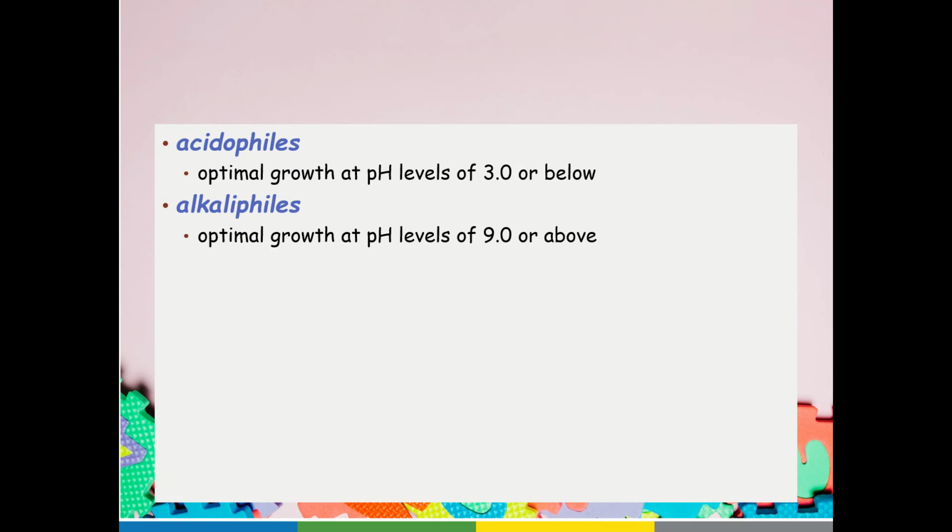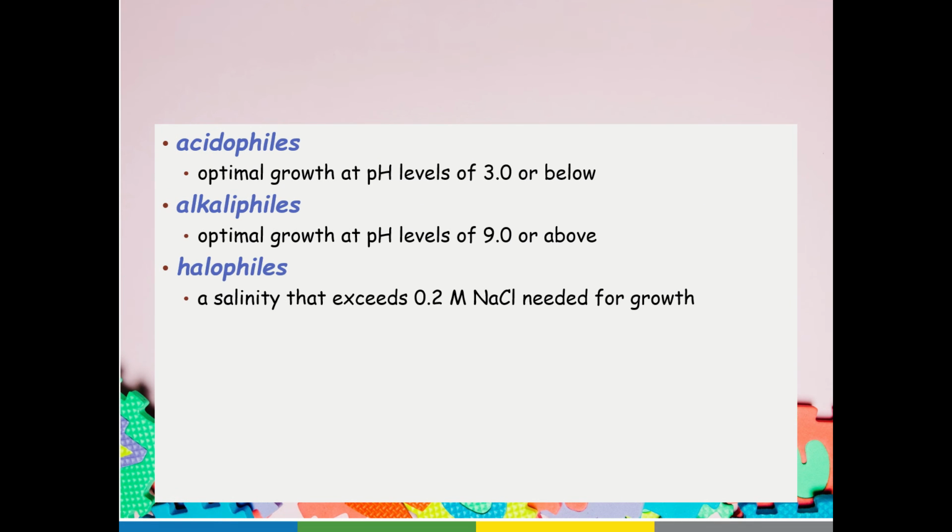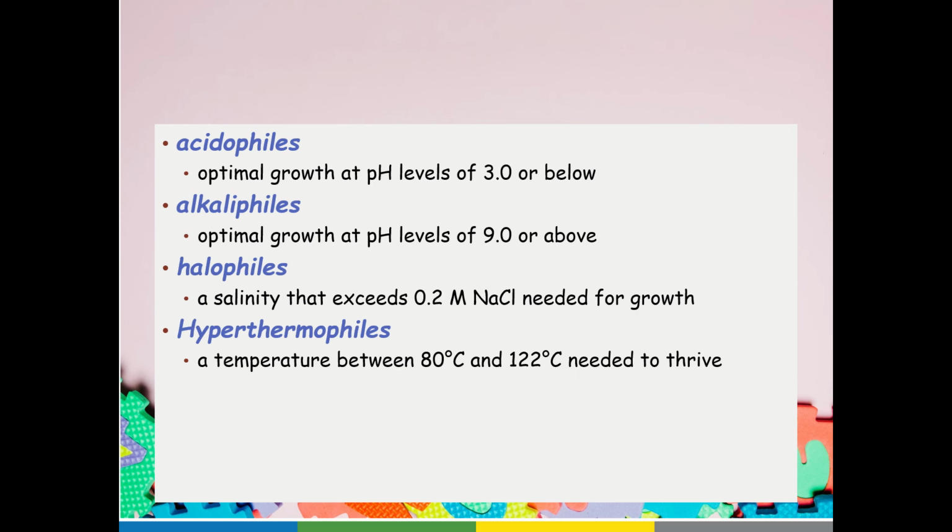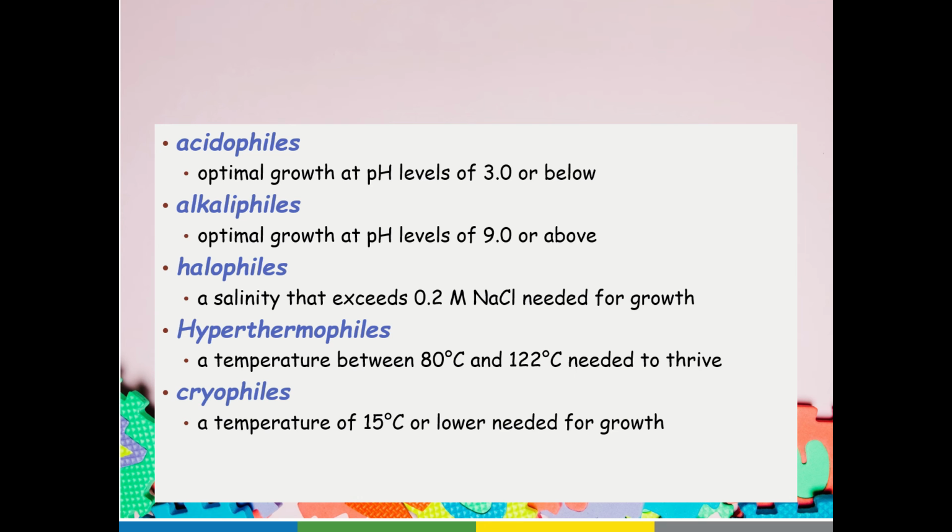We have here acidophile, alkaliphile, halophile, hyperthermophile, cryophile, and piezophile. Acidophiles can grow in extreme pH, that is 3.0 or below, and alkaliphiles can grow at a pH level which is very basic, that is 9.0 or above.